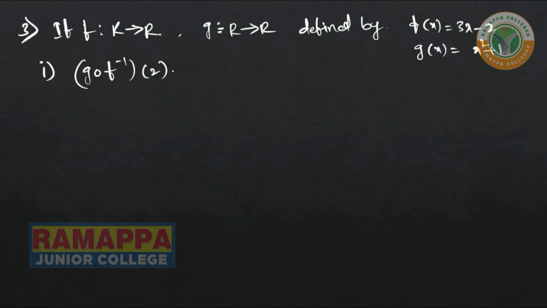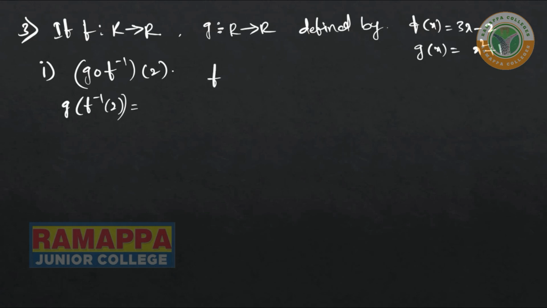Now the third question: f from R to R and g from R to R are defined by f of x equals 3x minus 2 and g of x equals x squared plus 1. The question is to find g of f inverse of 2. First we have to find f inverse of x.